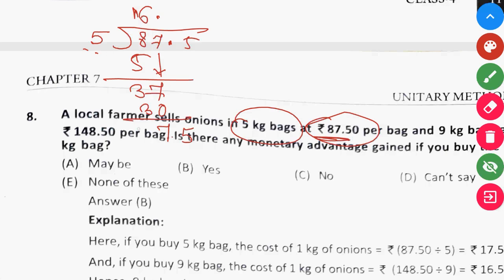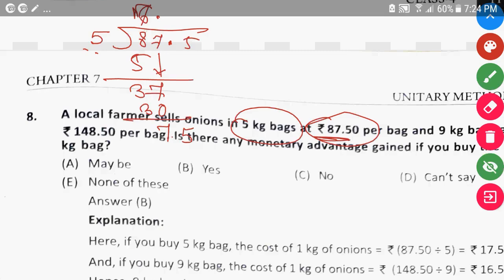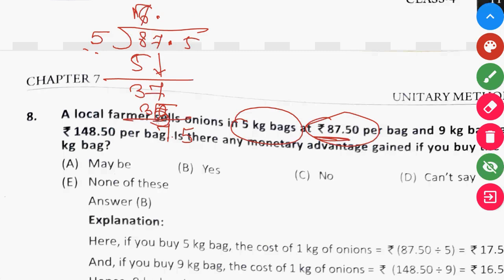How many is 75? 5 sevens are 35 and 5 fives are 25. So for the 5 kg bag, the cost of 1 kg is 17.5.